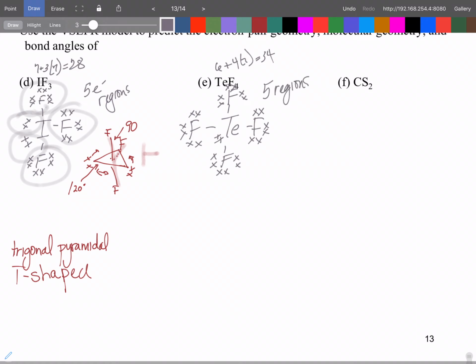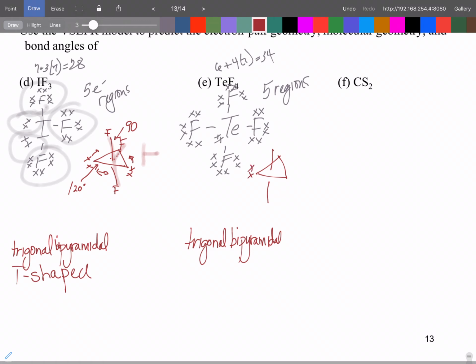So when you look at the shapes, this is going to be trigonal bipyramidal. I just realized, I looked over here, this is trigonal bipyramidal, not pyramidal. So when we look at this one, we have that here.